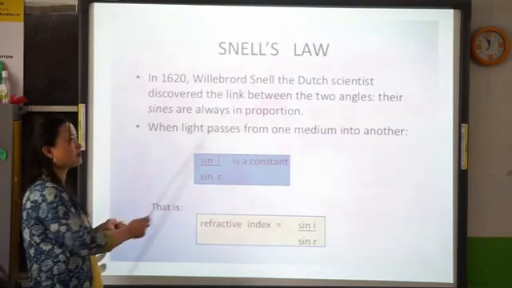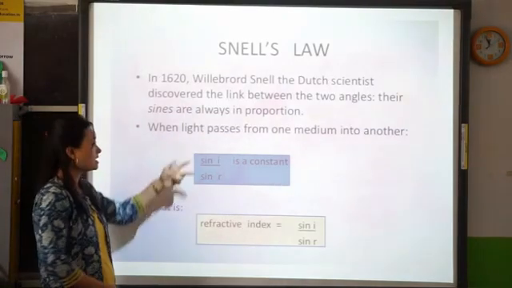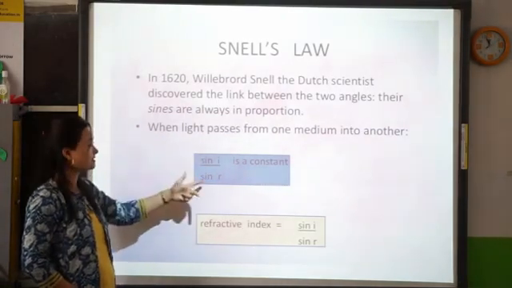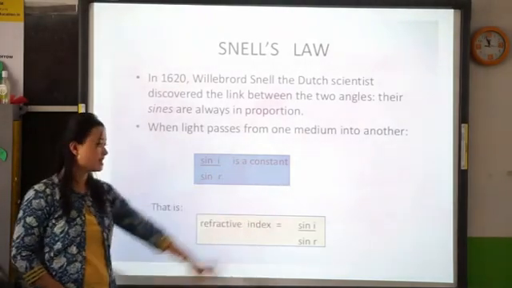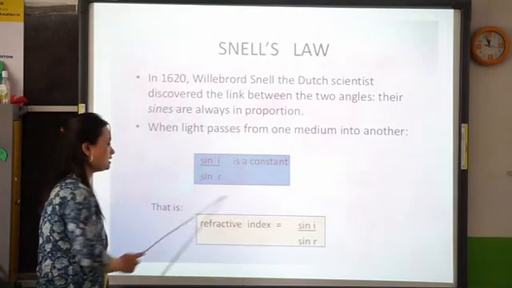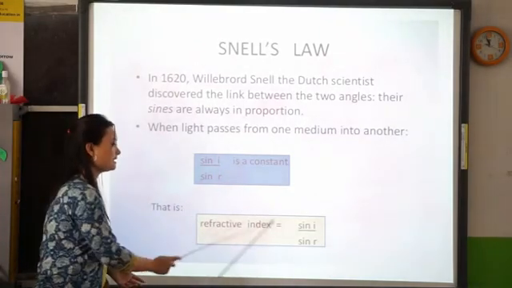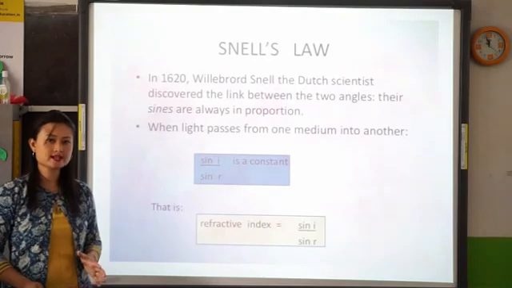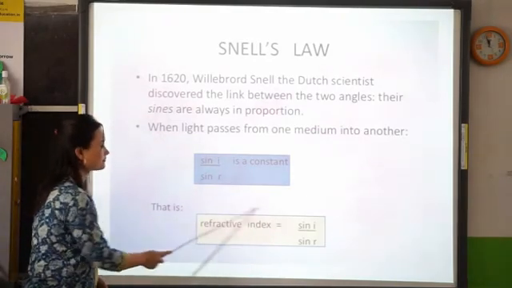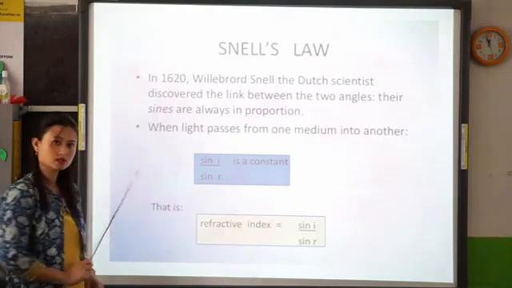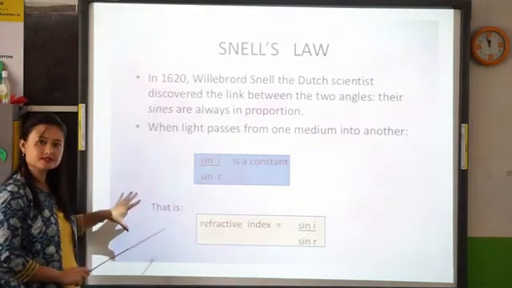So when light passes from one medium into another, the sine of angle i and the sine of angle r will be a constant. And that constant is called the refractive index. I hope this is clear.